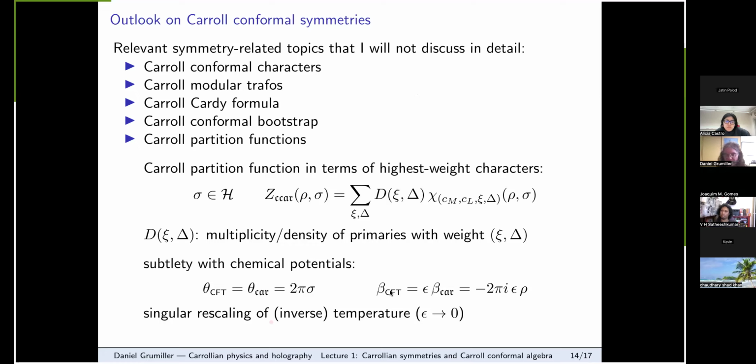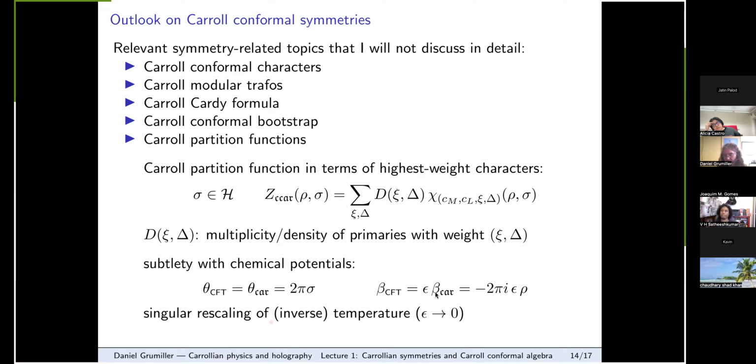So if you insist that your inverse temperature in your original CFT remains finite as you approach your Carroll limit, that means your inverse temperature in the Carroll limit has to blow up. It has to go to infinity. There's no way around this. So that means you're forced to a singular value of the temperature.